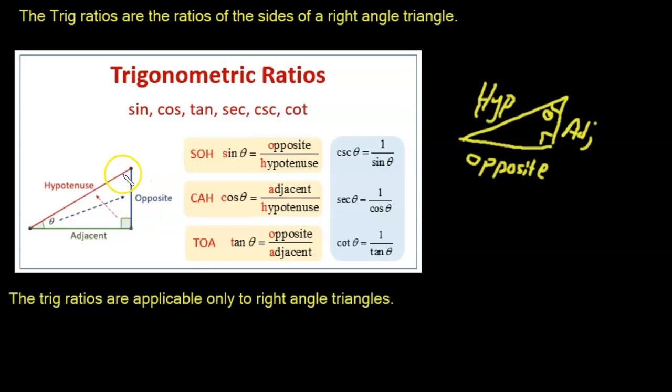But if you were referring to this angle here, suppose this was the angle you're referring to as theta, then this side would be your opposite side, and the adjacent will switch places. And of course, the hypotenuse is always the hypotenuse. It's always the longest side. It's always the side that is opposite to the right angle.